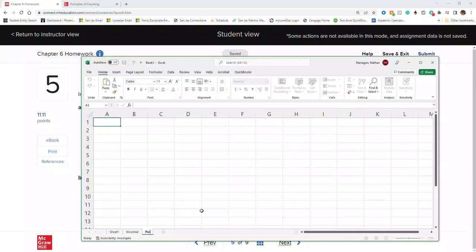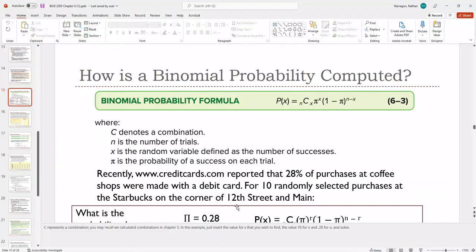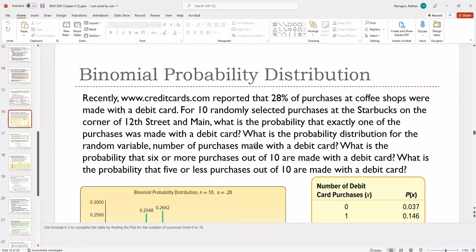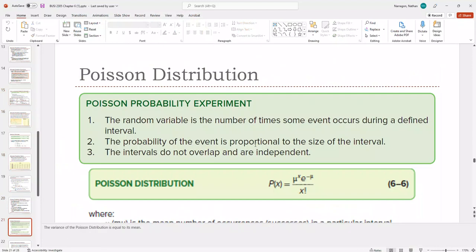I'm going to rename this to Poisson. So again, that just tells me my binomials are right here and my Poisson is right there. And in our PowerPoint, if I go to that formula, this is the formula we're going to be using.